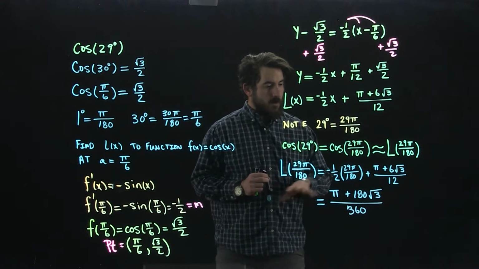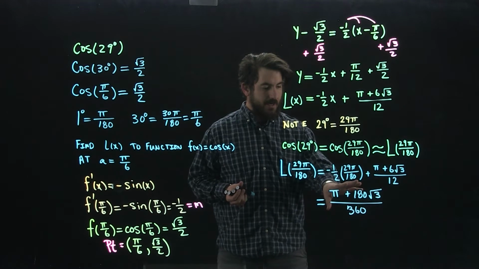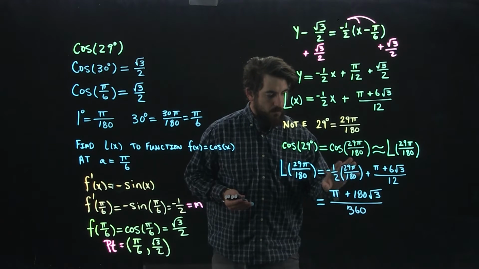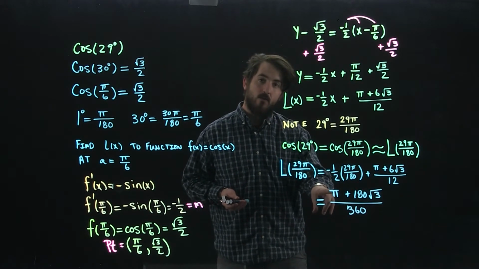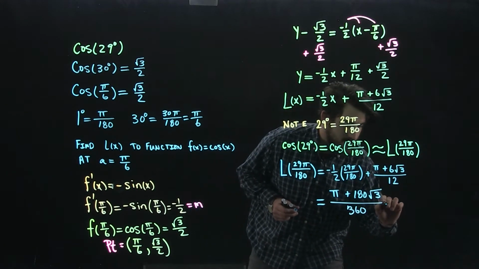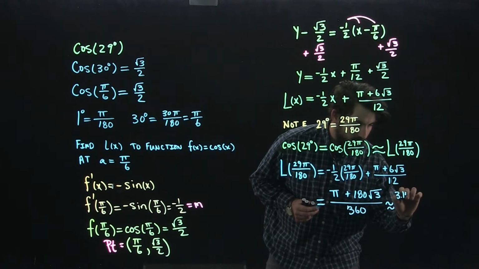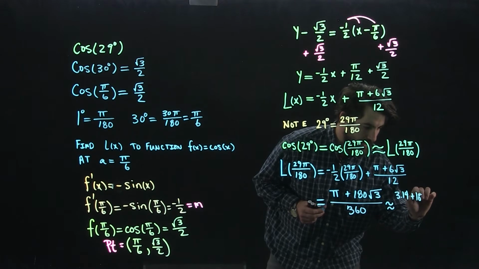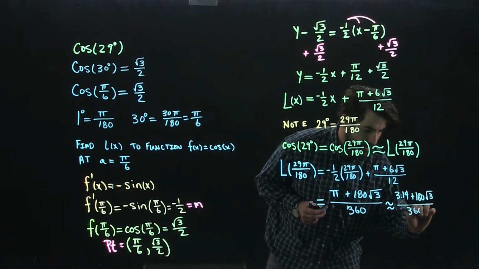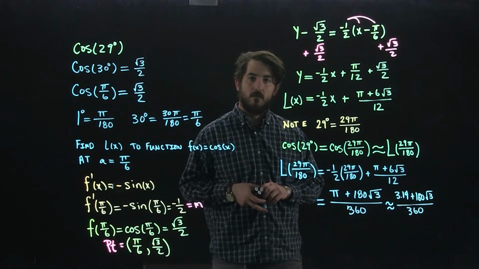Now, what I want to also point out is that we can approximate this by using 3.14 instead of actually using pi. So let's do that. So this is approximately 3.14 plus 180 times the square root of 3 divided by 360. Again, we are using common knowledge that pi equals 3.14.